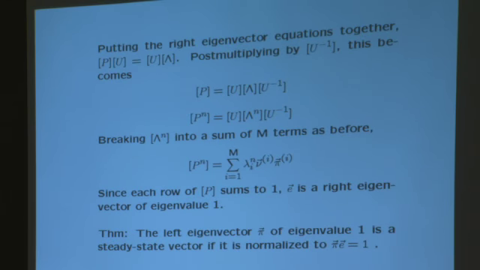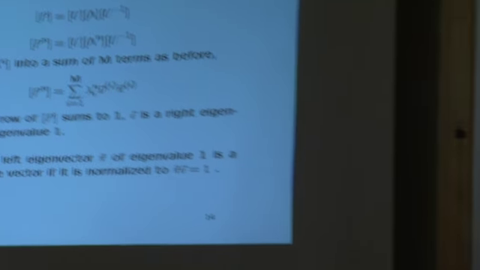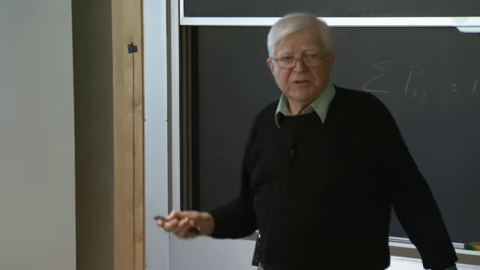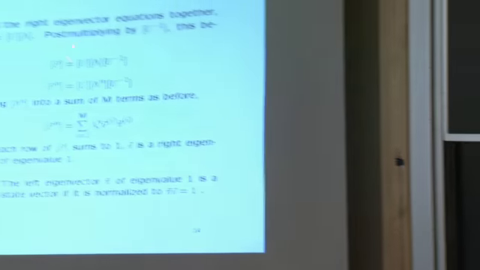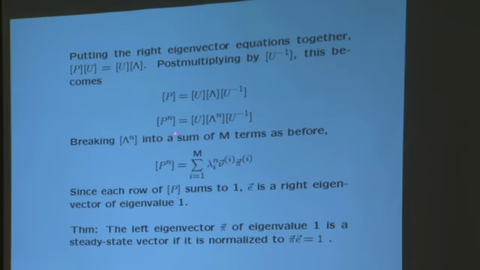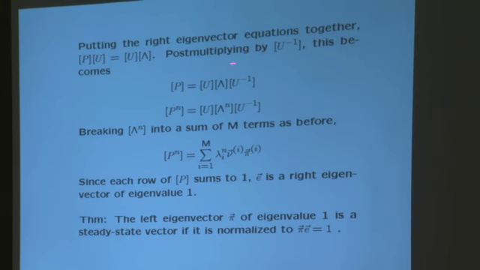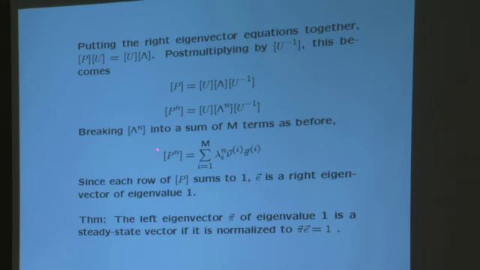All of this stuff about convergence is all boiling down to simply the question of what happens to these eigenvalues. I mean, there's a mess first, finding out what all these right eigenvectors are and what all these left eigenvectors are. But once you do that, P to the n is just this, just looking at this quantity, breaking up lambda to the n the way we did before. P to the n is just this sum here.